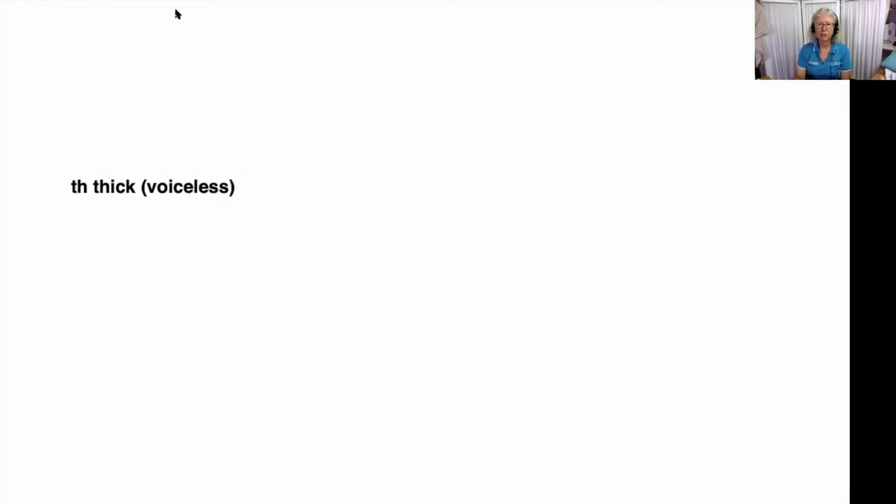And if we were to have a go now at drawing that, it's going to look like this. So kind of like an egg shape and a line through it. So do you want to have a go doing that? And then if I wanted to write a word like thick to show that it's a voiceless sound at the start, I could have this, and then I just use my normal letters, thick. And now I know that that's saying voiceless.